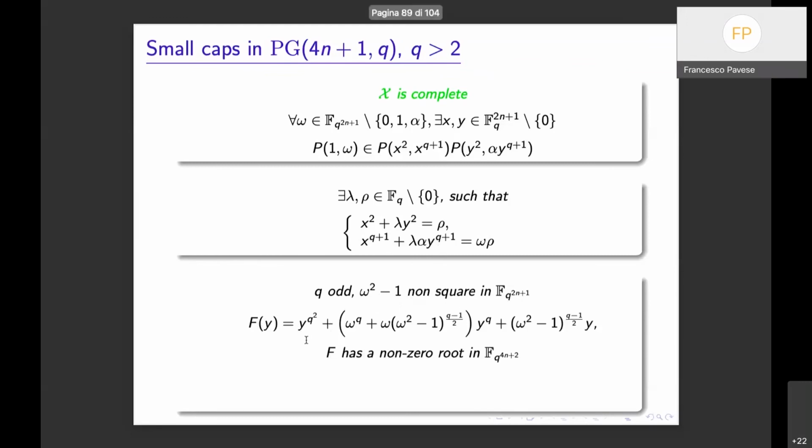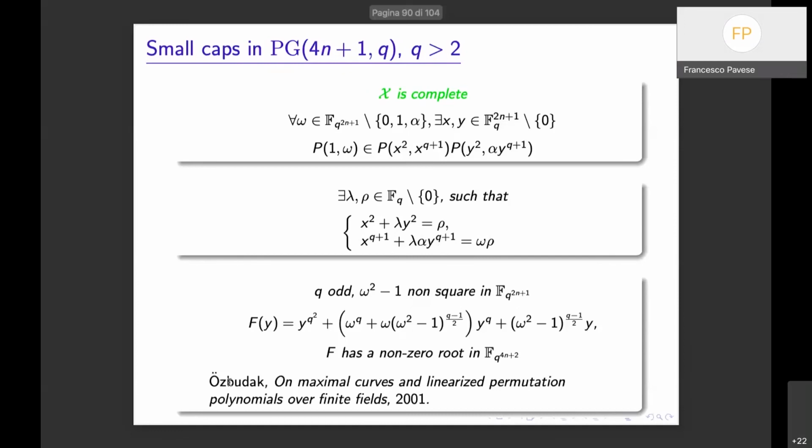That could be done by invoking a result due to Ozbudak that ensures us the existence of such a root simply by looking at the existence of a root in the quadratic extension.